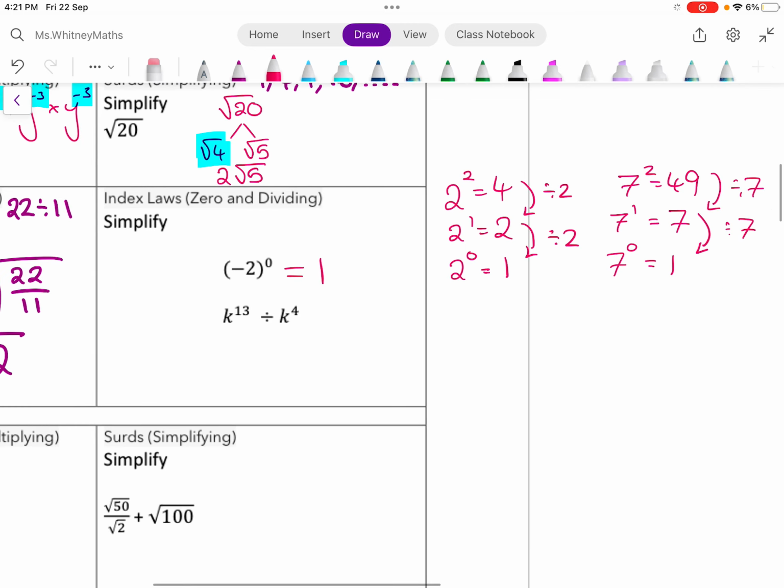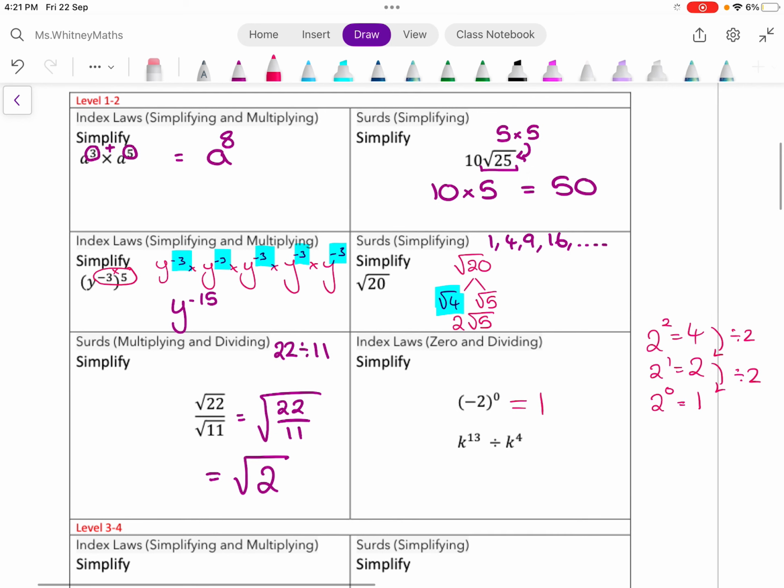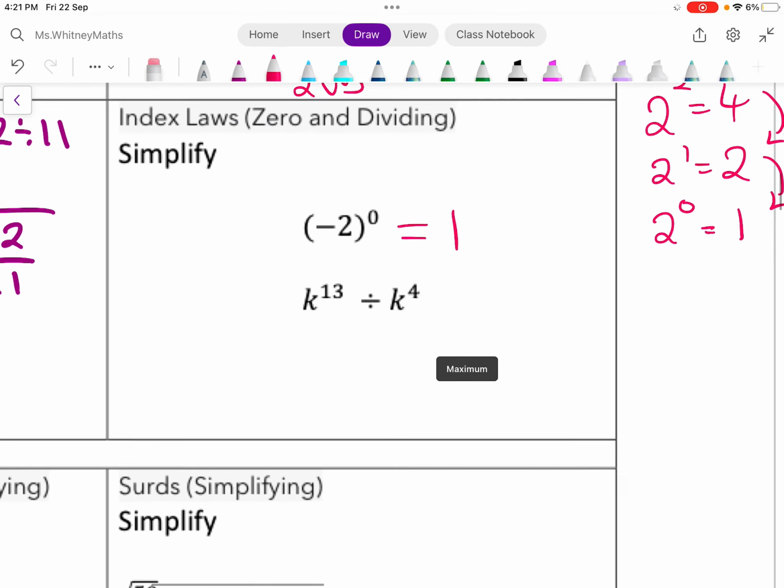Now, if we're dividing, think back to when we were multiplying in question 1. We added the powers. When we are dividing, we simply subtract the powers.